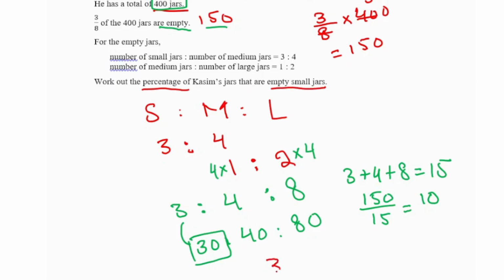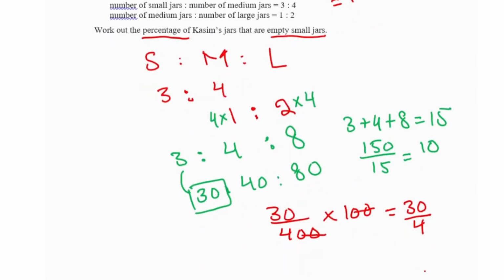We write down 30 divided by the total of 400, times 100. These two zeros cancel out with these two zeros, and we get 30 divided by 4. What is 30 divided by 4?